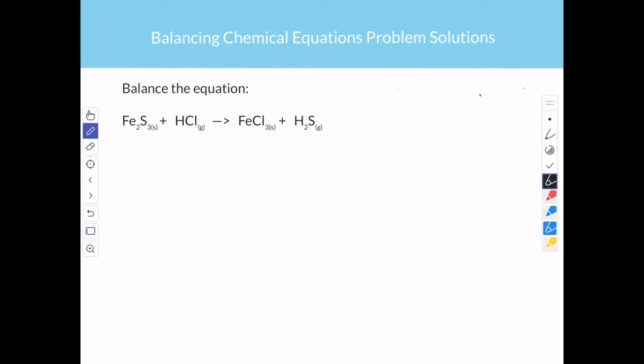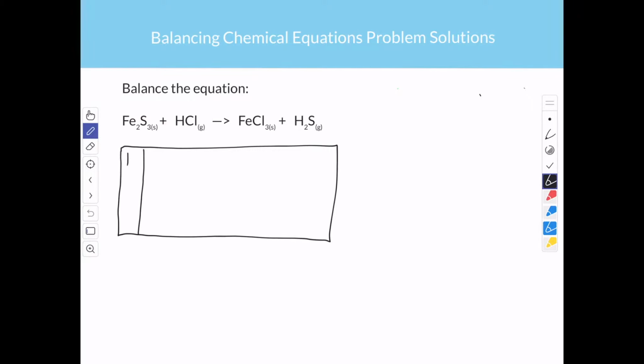It is unbalanced, and then we go straight to making our chart. We're going to have iron, sulfur, hydrogen, and chlorine. Divide up our reactant side and our product side, and make our rows.